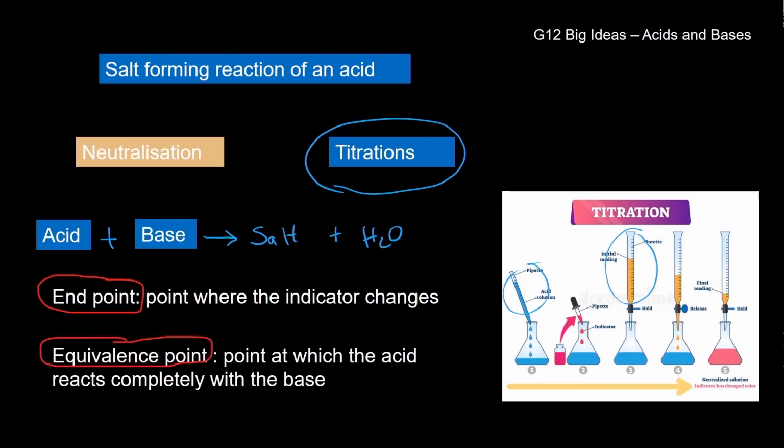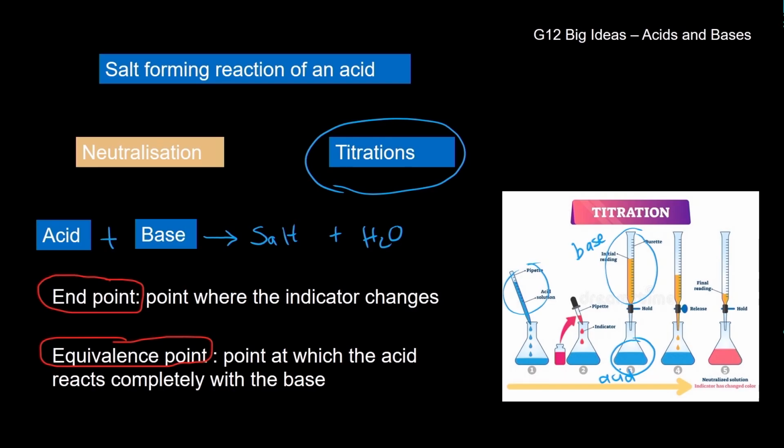We have a conical flask, and we put one substance in the burette, let's say the base, and we put the acid into the conical flask. It can be the other way around.